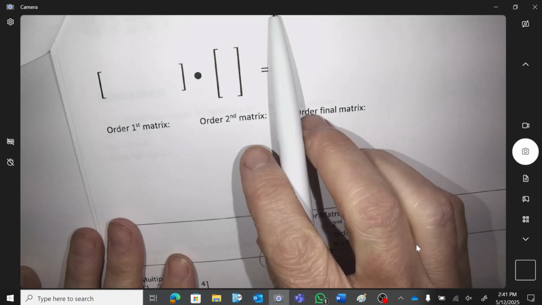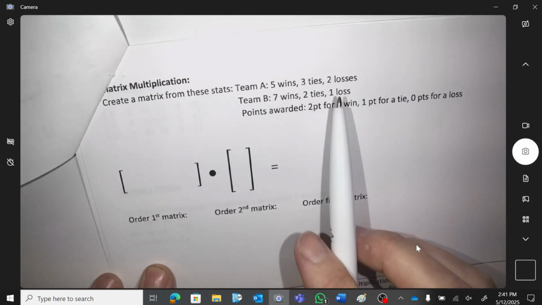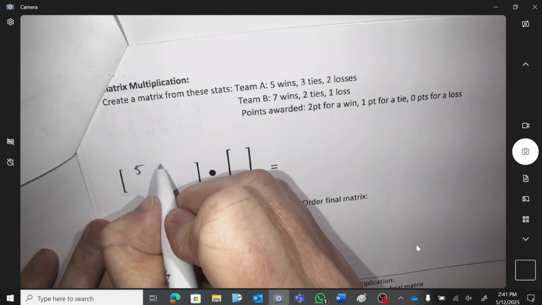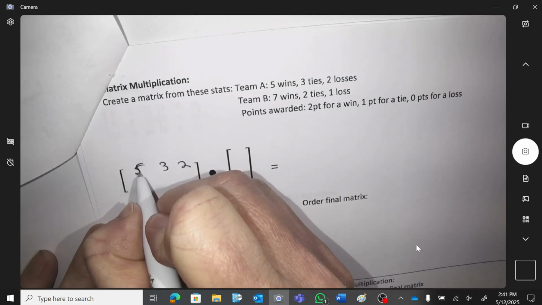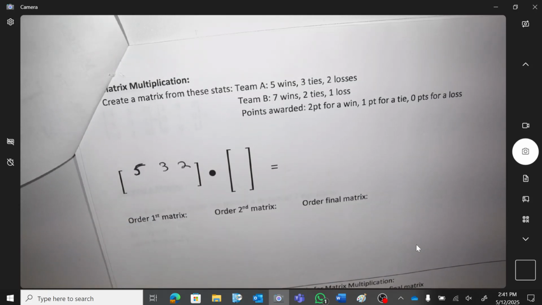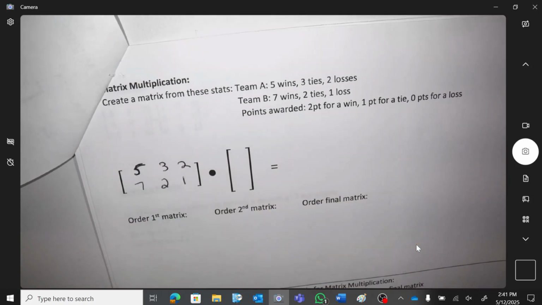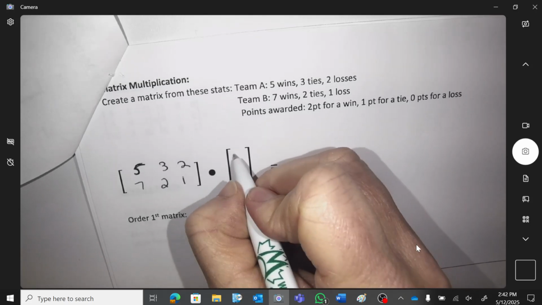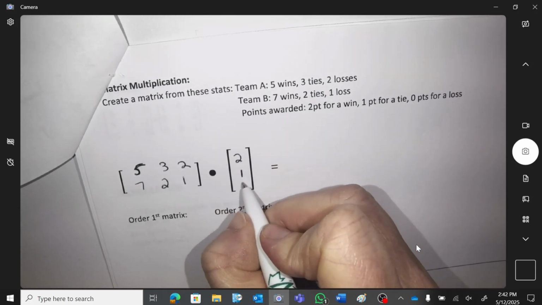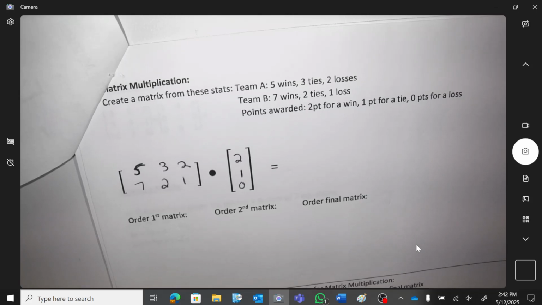Team A gets 5 wins, 3 ties, 2 losses. So I'm going to go 5, 3, 2. Team B has 7 wins, 2 ties, and 1 loss, at a tournament or something. And you get 2 points for a win, 1 for a tie, and no points awarded for a loss.